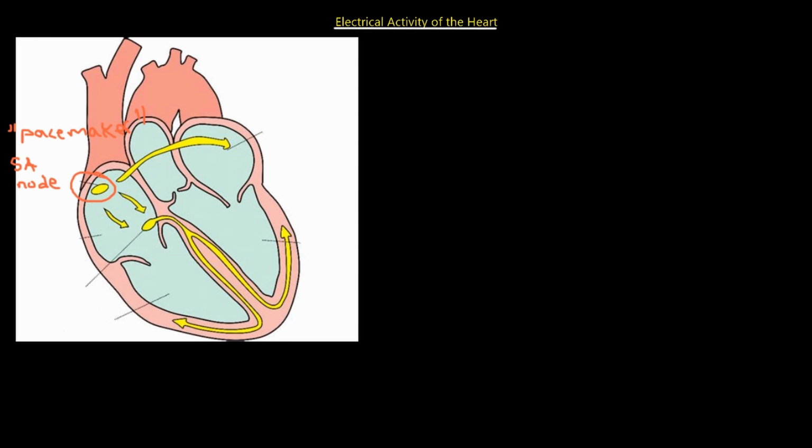Typically the SA node is going to beat the heart on its own without any electrical impulse or any brain activity. So your brain always has to modulate this SA node based on the physical activity of the body.